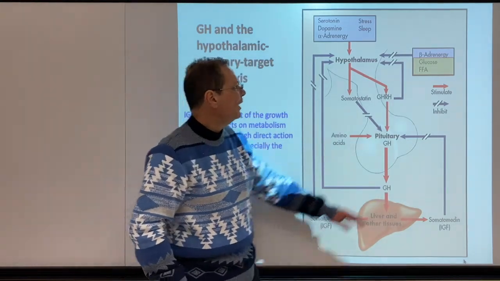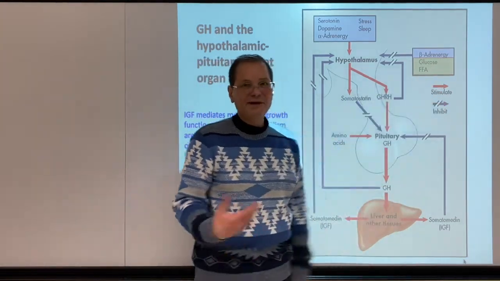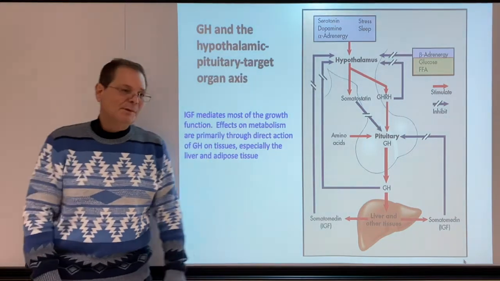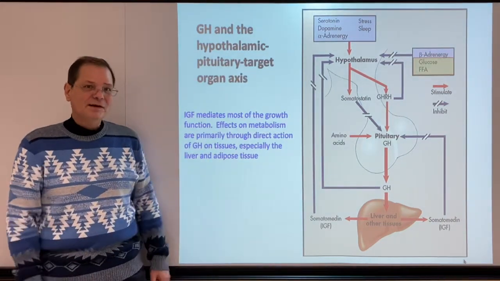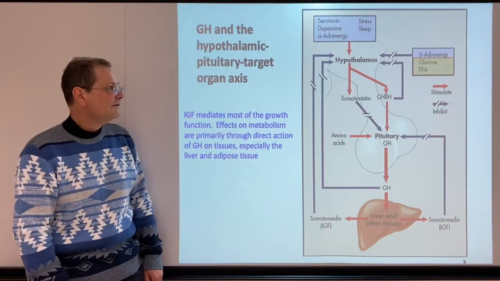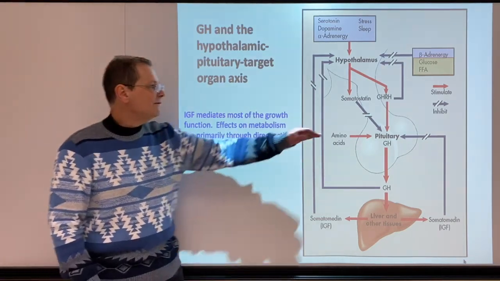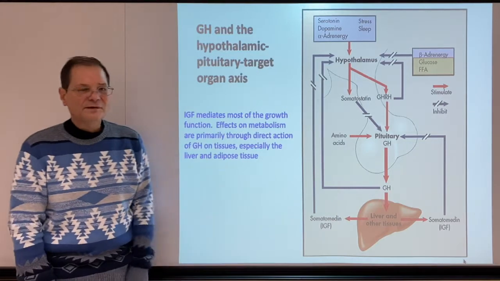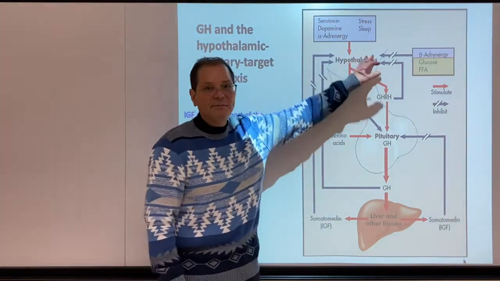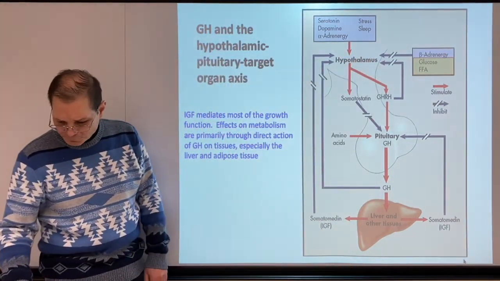So note that those two things in particular, because they're sort of what we're talking about here in terms of regulation of metabolism and plasma levels of substrate. These regulate the release of growth hormone through their effects on the hypothalamus, okay?